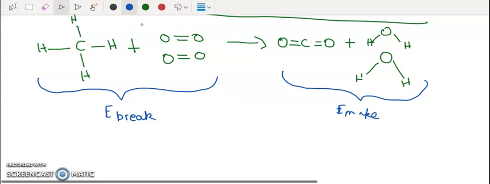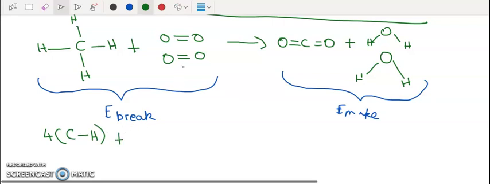So now when we need to make this, for this side, in the data table they have given C single bond H. Here we can see that there are 4 bonds like that. So we're going to do 4 times the value for, I'm just going to write it like this because this is the first time you're doing the example. So I'm going to write it in the easiest form.